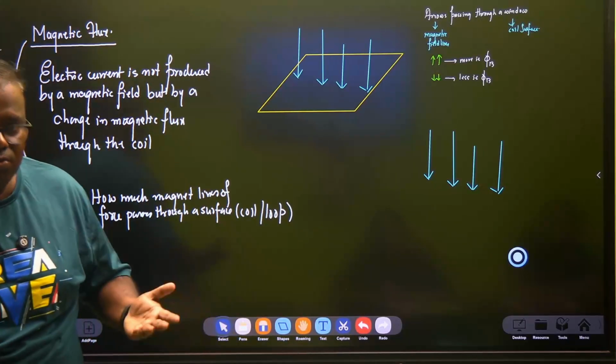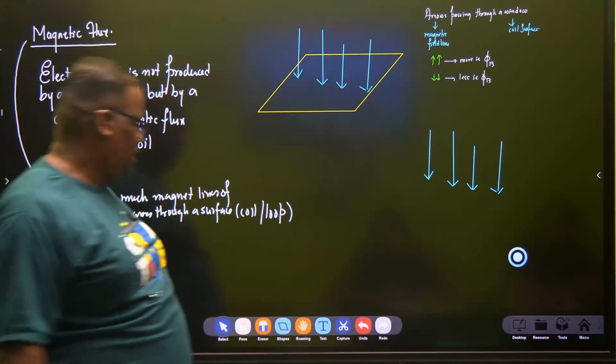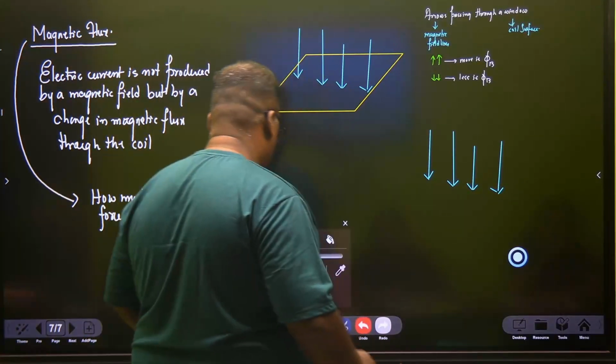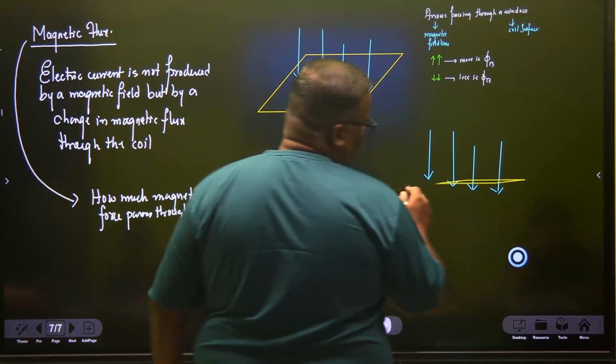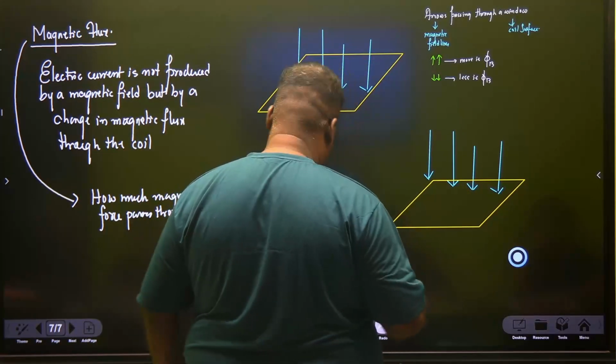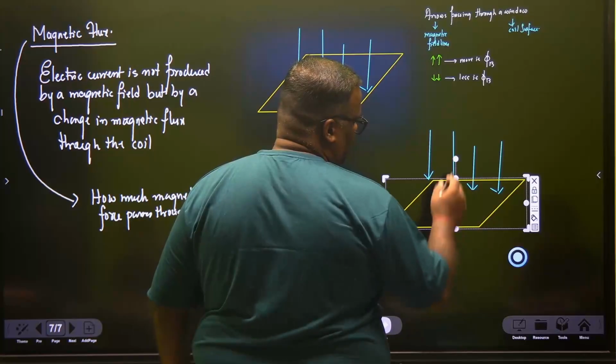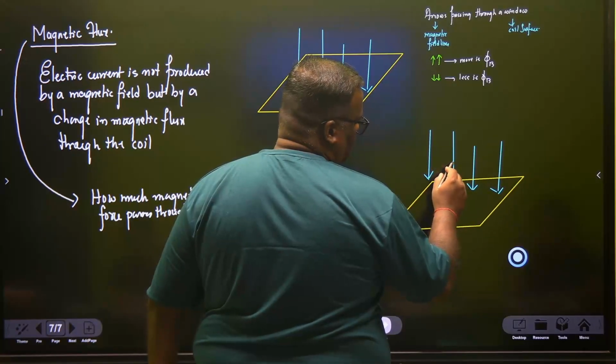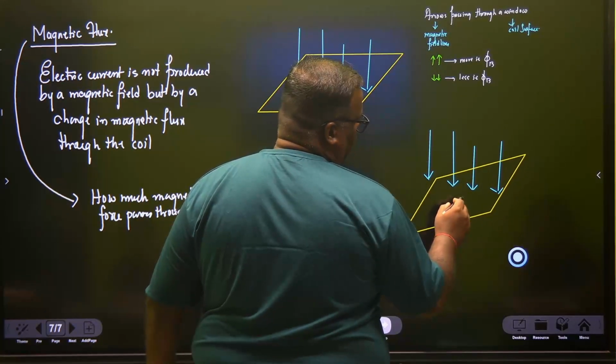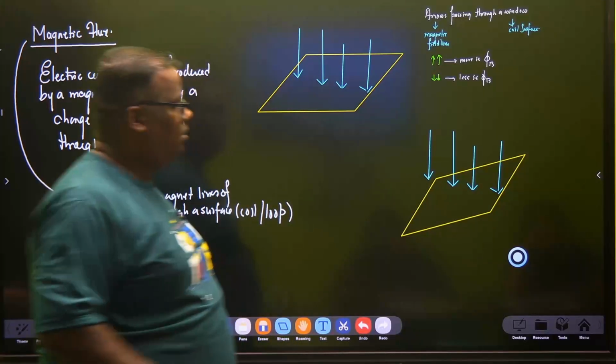Don't you think lots of rain will fall? And on my other one, I have the same surface like this, but I've slightly tilted my surface. Got it?